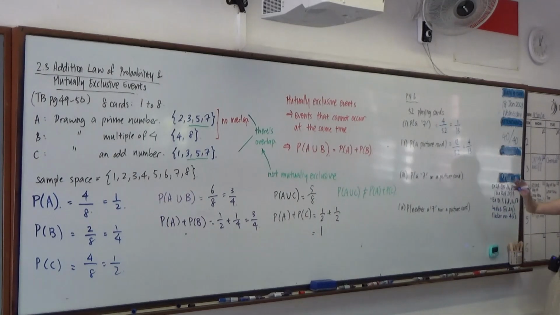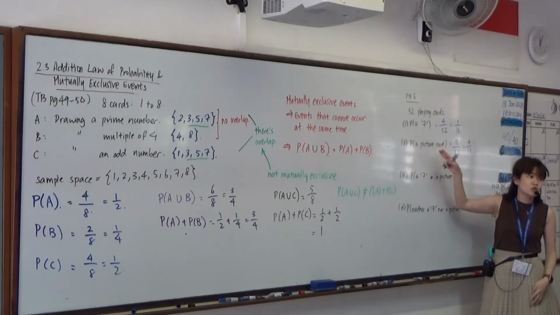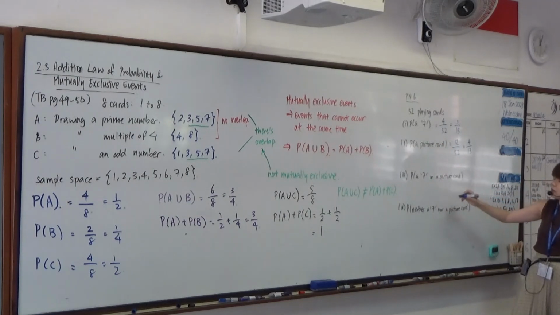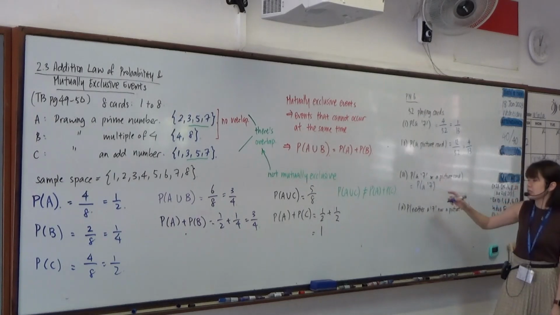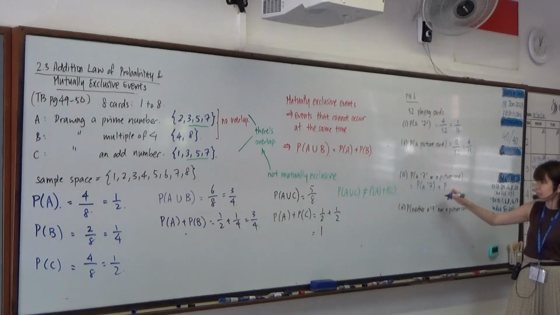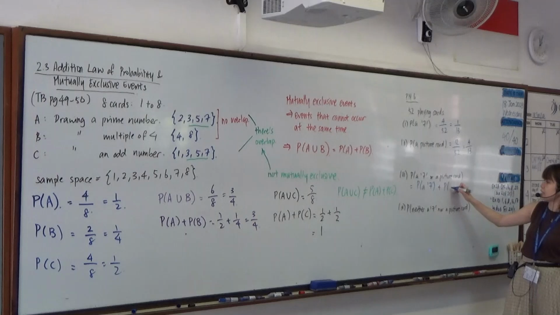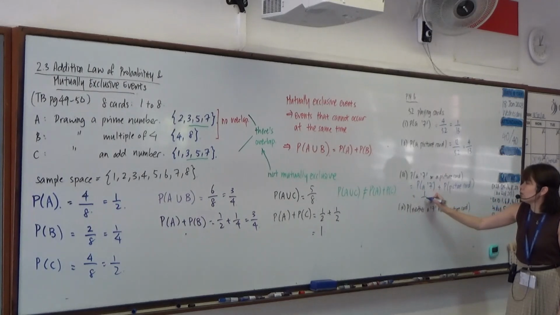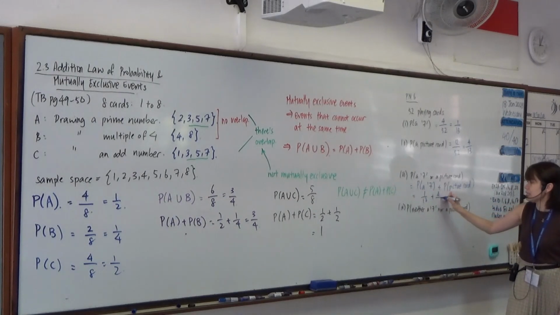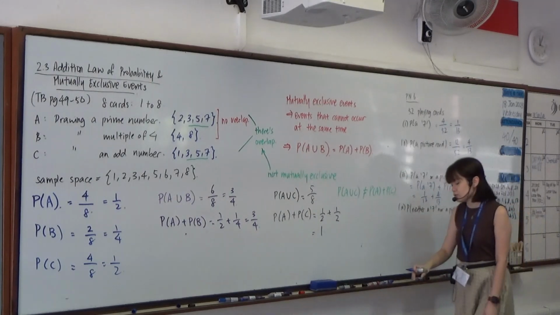So therefore, these two events are mutually exclusive. So you can consider it as probability of 7 plus probability of picture card. That will be equal to 1 over 13 plus 3 over 13, which simplifies to 4 over 13.